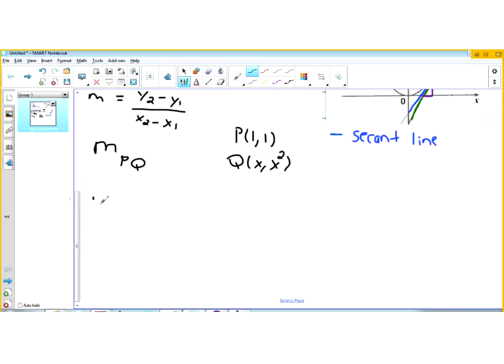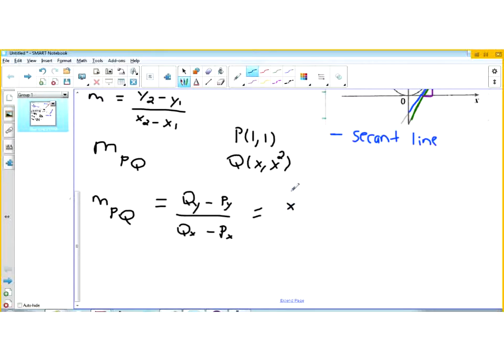And with that, we can calculate a function for the slope of the secant line. So that would be basically the ordinate of Q minus the ordinate of P divided by the abscissa of Q minus the abscissa of P. And go ahead and plug in the values.